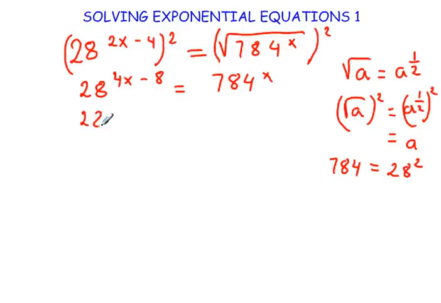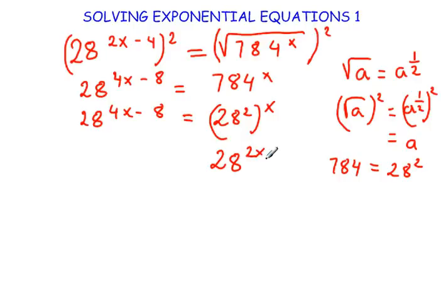So the left hand side remains the same. And now we can show this right hand side as 28 squared to the power of x, which means now you have to multiply the exponent. So this is 28 to 2x, and on that side you have 28 to 4x minus 8.